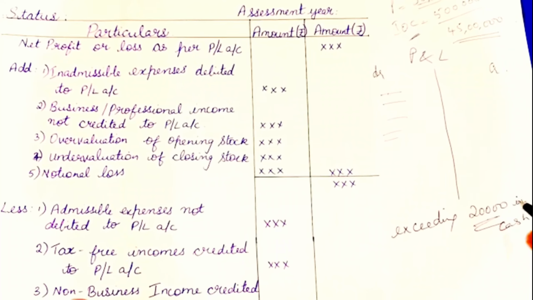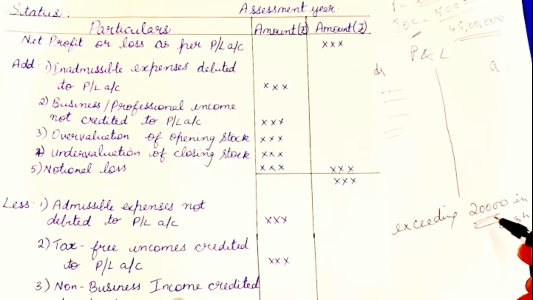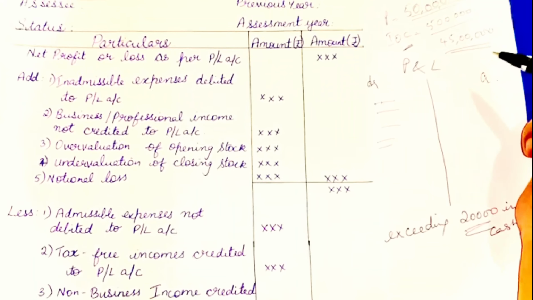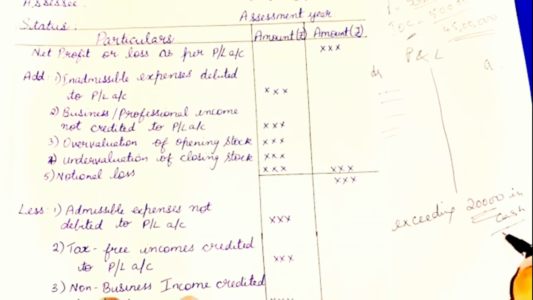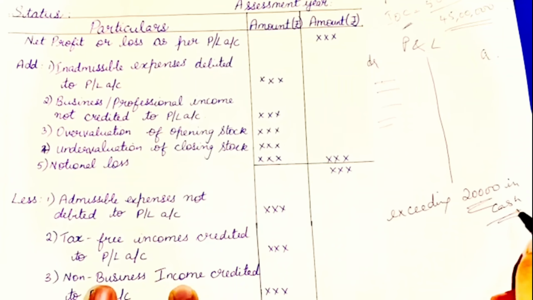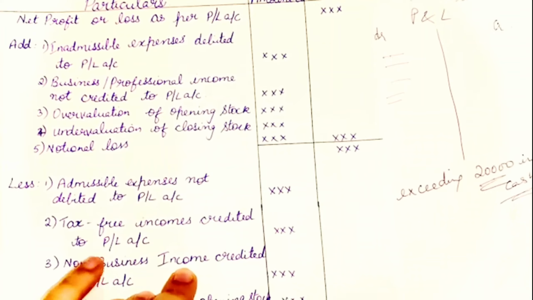It's very easy to do all these forgeries. And why will you show extra expenses? Because the more expenses you show, it will only reduce your profit. And when you reduce your profit, your tax burden is also reduced. So any expense, if you pay it in cash, the validity cannot be ascertained of that transaction. And that's why 100% of such payment exceeding 20,000 is disallowed or it is inadmissible.